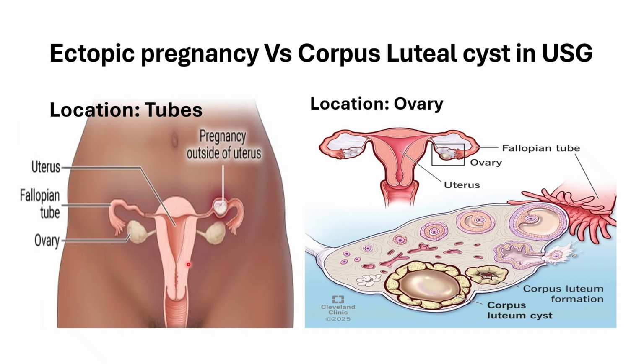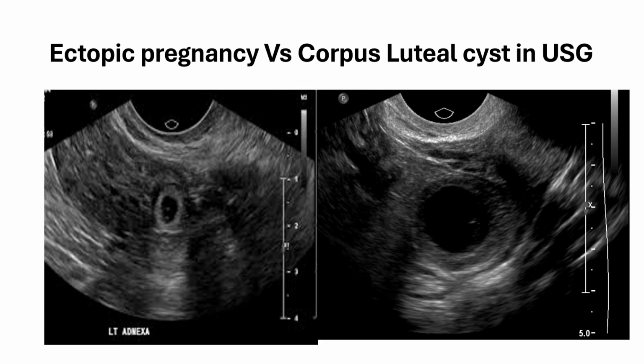So let's see the differentiating points in ultrasound. We can see differences in these two images. This is the ectopic pregnancy and the second, larger one is the corpus luteal cyst. We can see there is an echogenic rim in ectopic pregnancy.